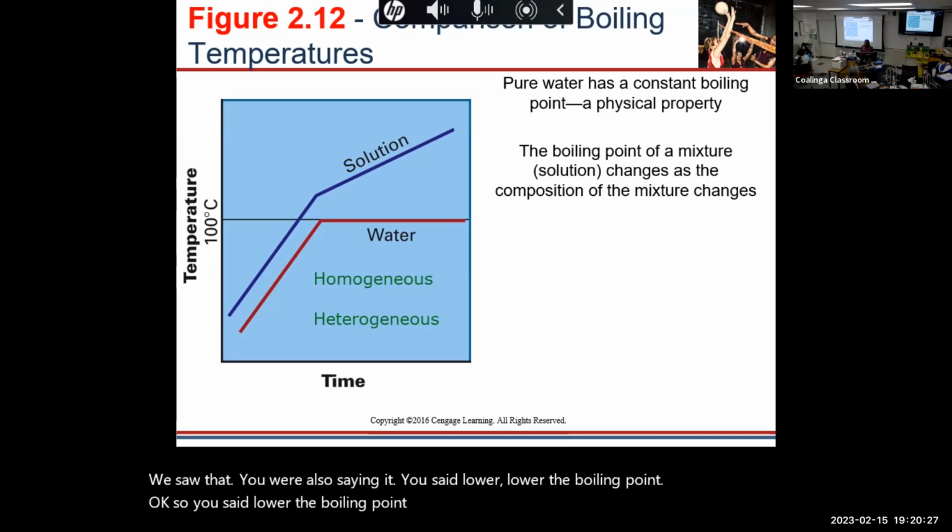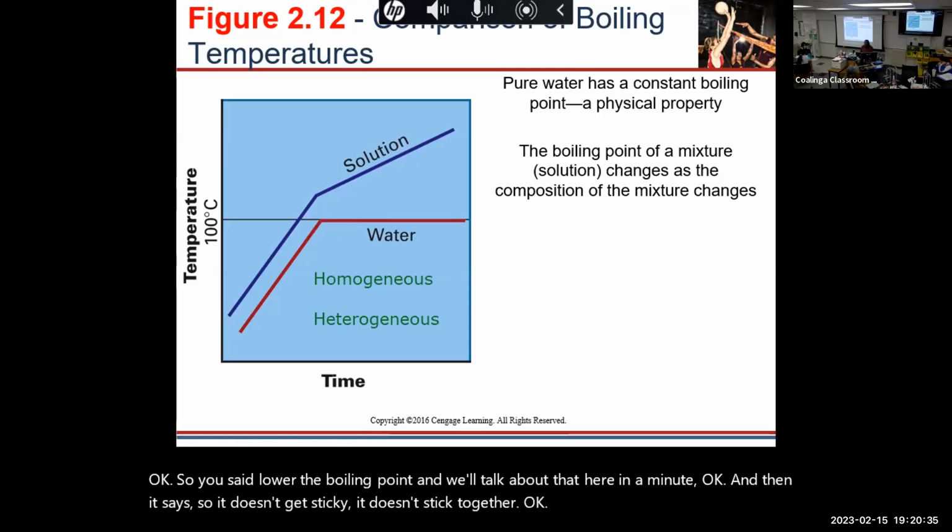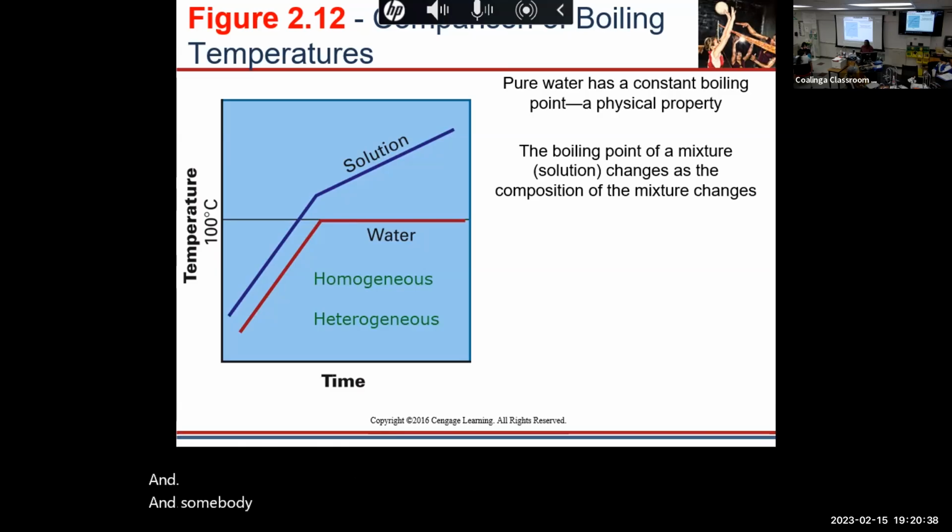We'll talk about that in a minute. And then so it doesn't get sticky, it doesn't stick together. And somebody says bring the boiling point higher.